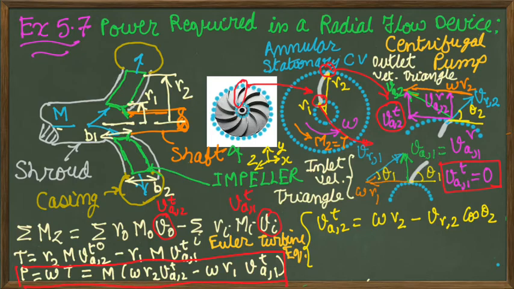Although we have obtained Va2t, we want this expression for the tangential component of the absolute velocity not in terms of the relative velocity, but in terms of the absolute velocity in the radial direction, because in this problem we can easily obtain the radial component of the absolute velocity.